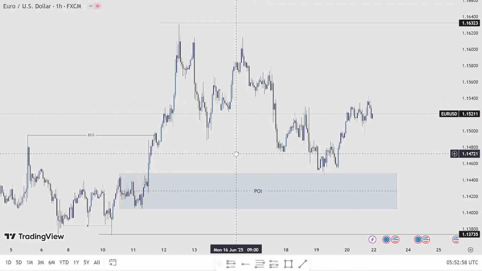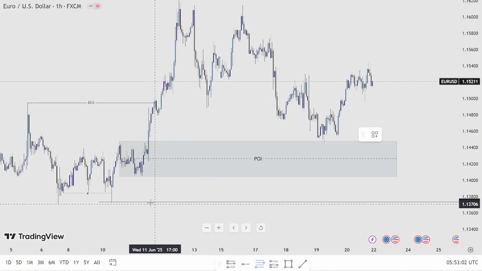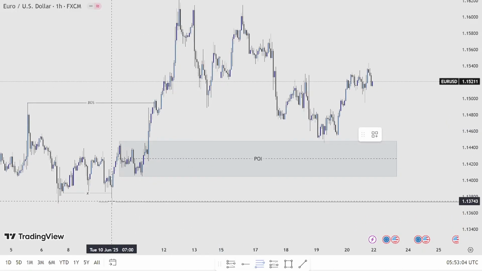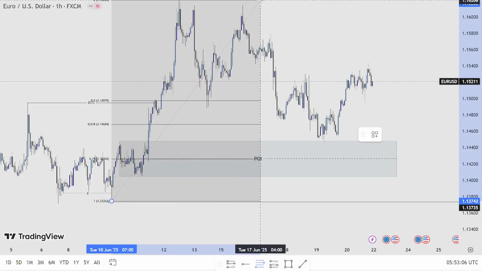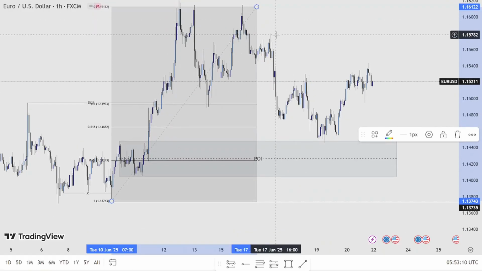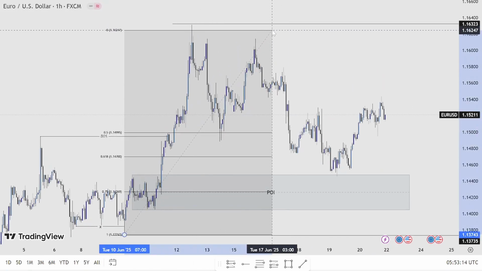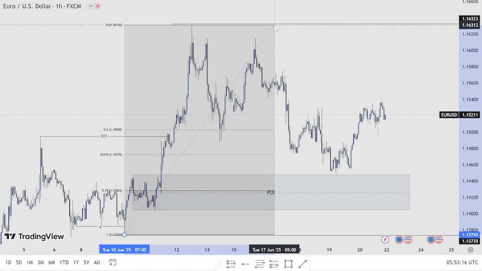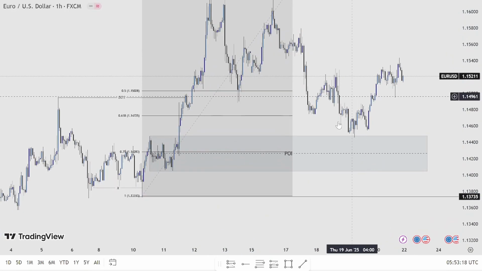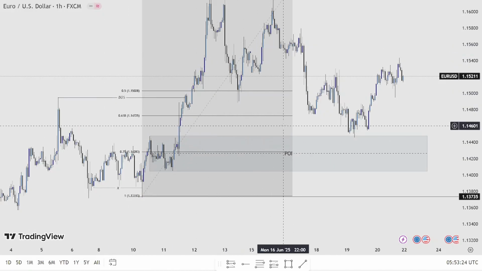I also put a Fibonacci just to confirm my entry. This is on 50%. This is the premium zone and this is the discount zone.